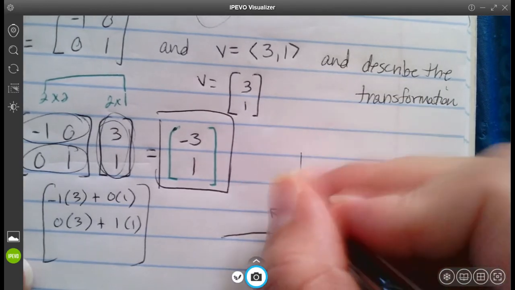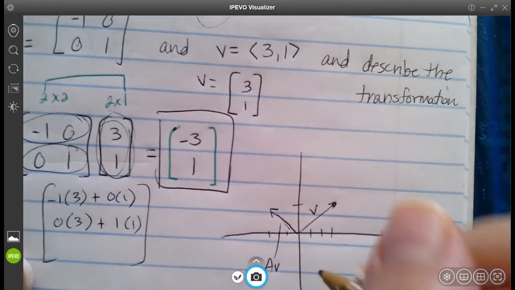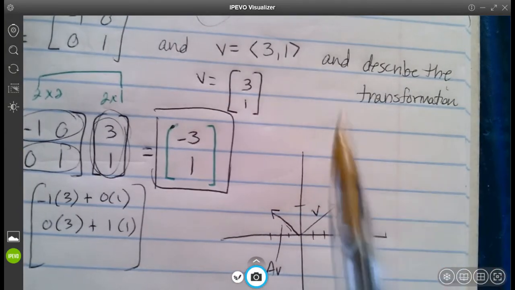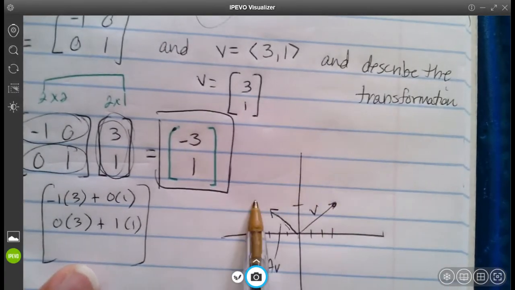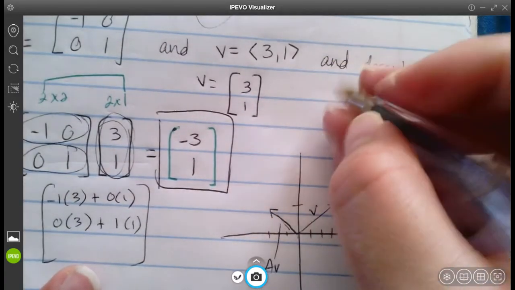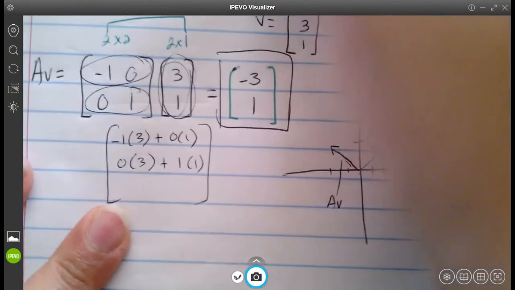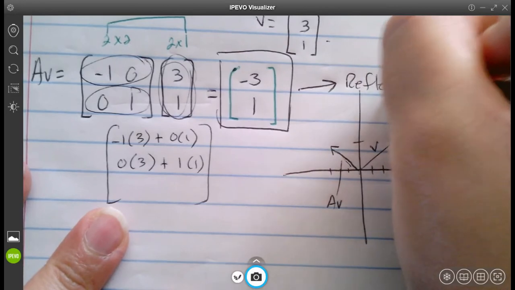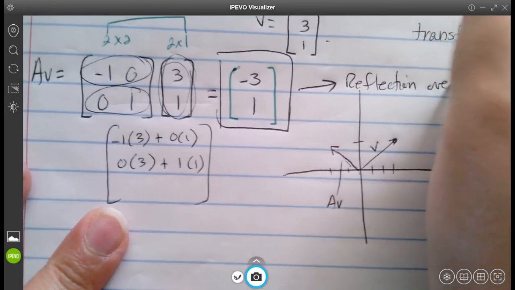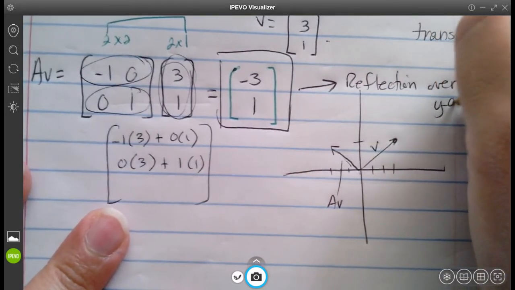So this one right here would be our AV. Okay, so it looks like, and my graph's a little bit off, the transformation that I did is I flipped over the y-axis. So if I wanted to describe this, I could say that this was a reflection over the y-axis.